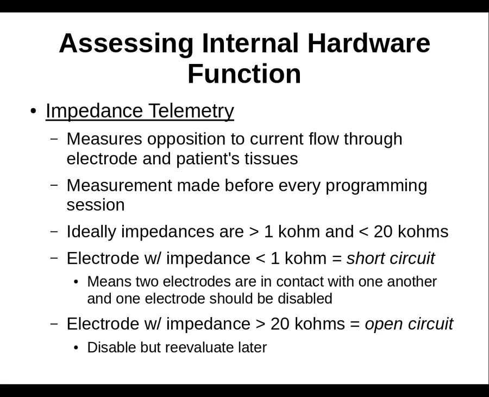So it may be one of those that you either lower gain on, or it may be one of them that you disable and come back to later on down the road. So that one may not be something that has to be totally ruled out. The cochlear implant manufacturer can also do specialized testing above and beyond what the cochlear implant audiologist is doing. That would be called integrity testing.